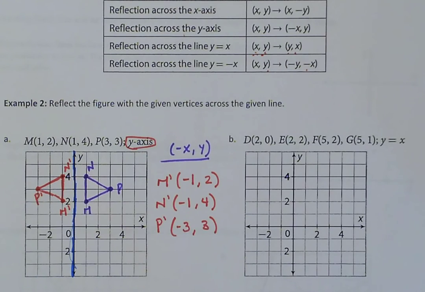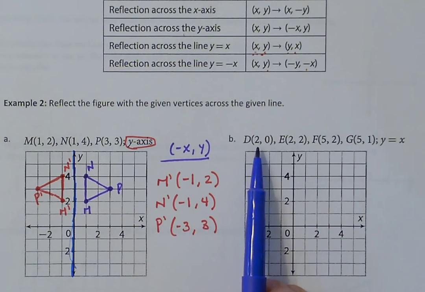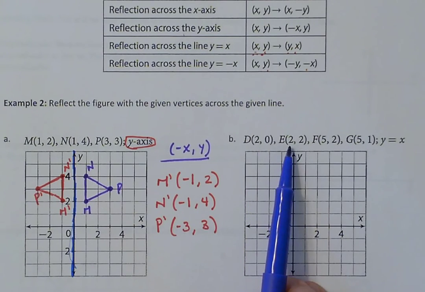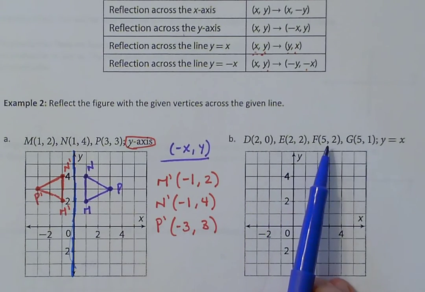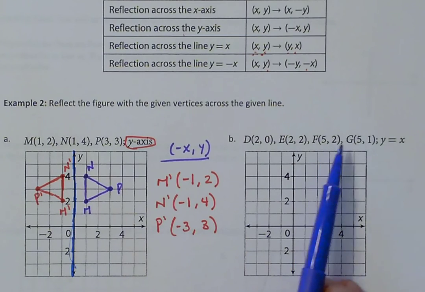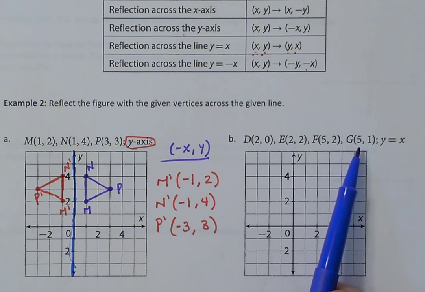Alright, so for part B, we have the points D is 2, 0, E is 2, 2, F is 5, 2, and G is going to be 5, 1.